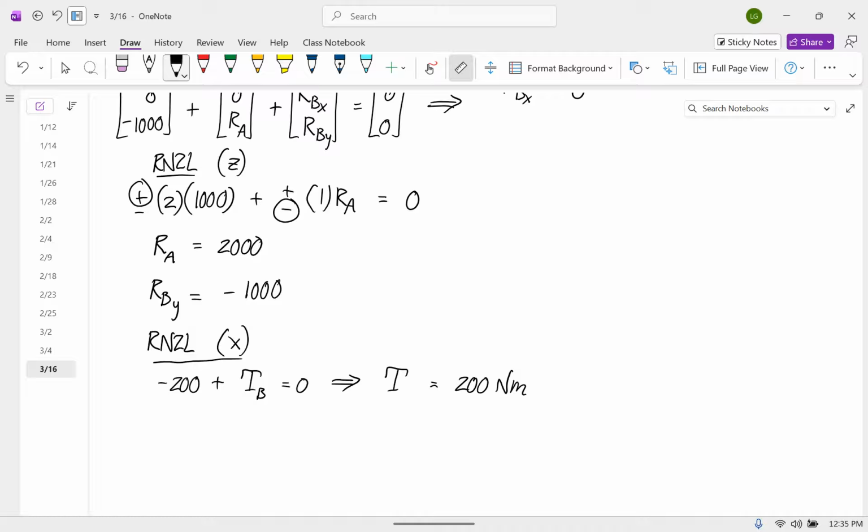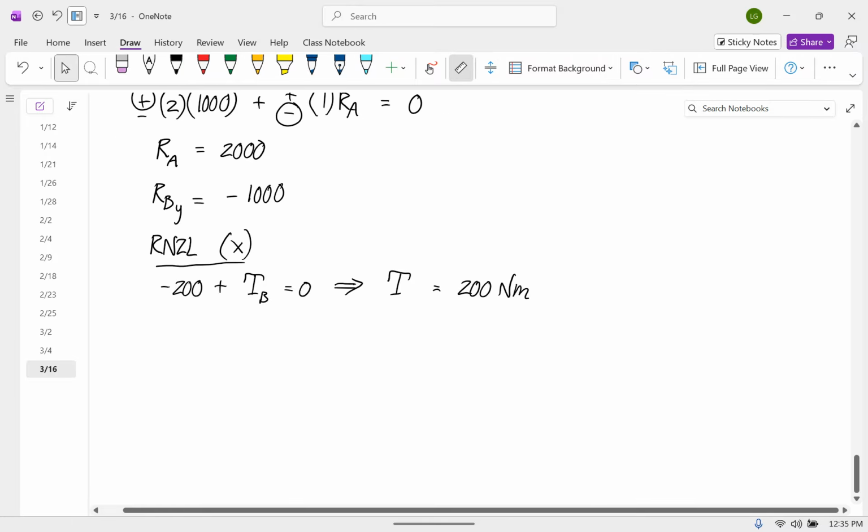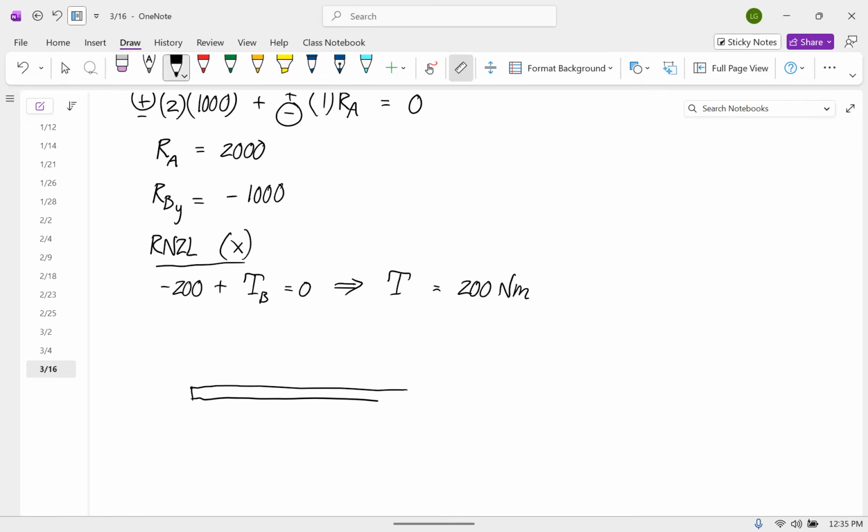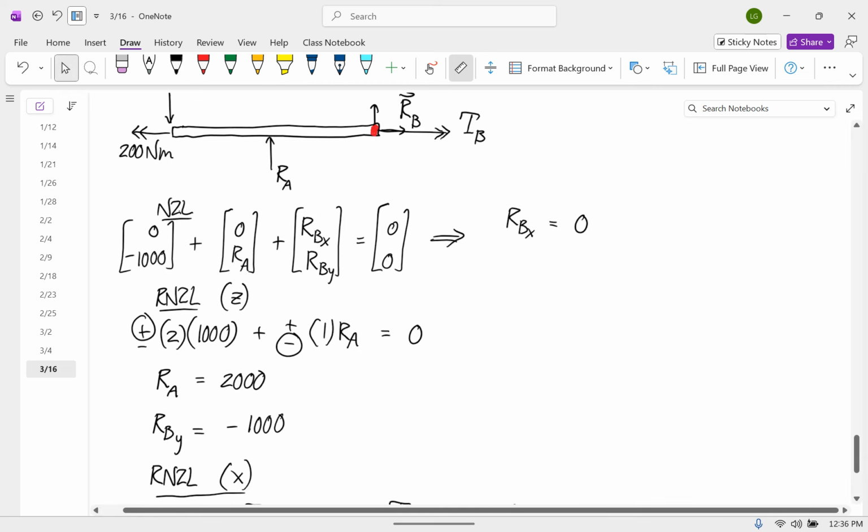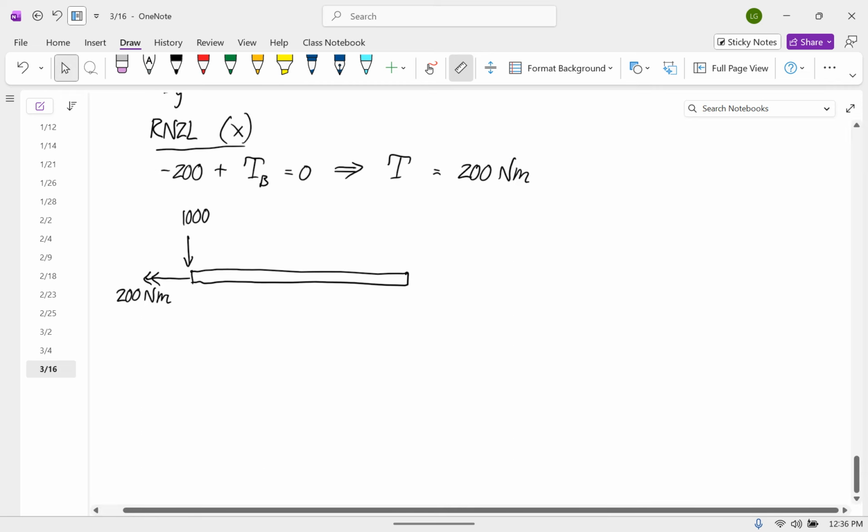Okay, so now we have all the external loads. I can rewrite that again. So we have a downward force of 1,000, a torque of 200 Newton meters going to the left, and then RA was 2,000.